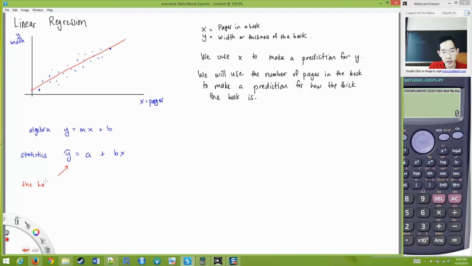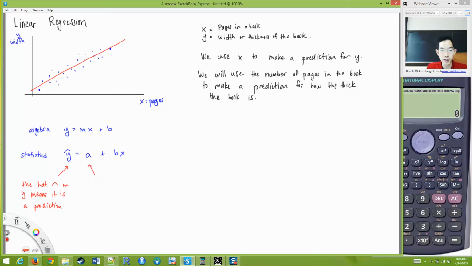The hat on y means it is a prediction, to distinguish it from actual data points. Okay, the little hat means it's a prediction.